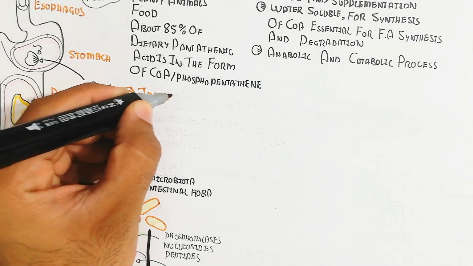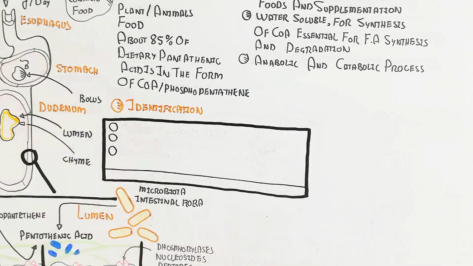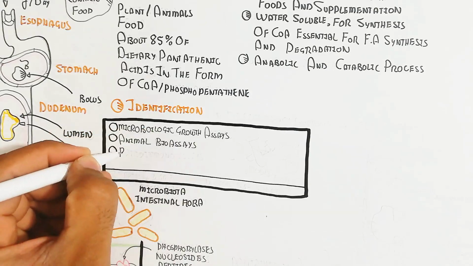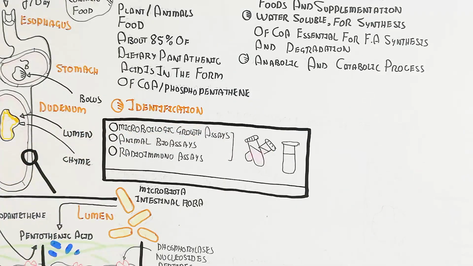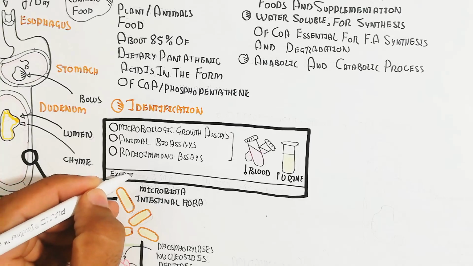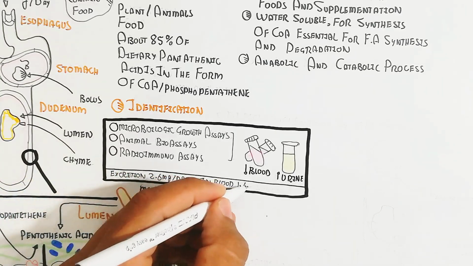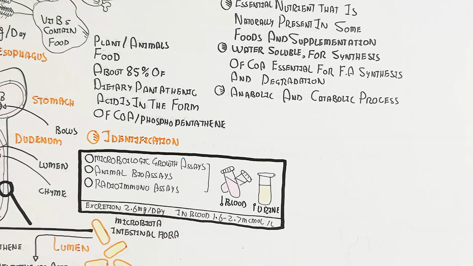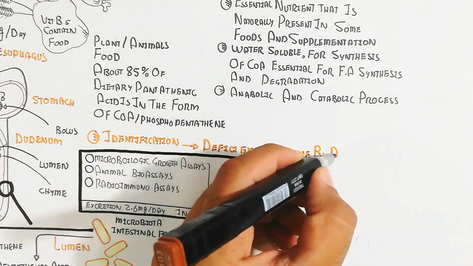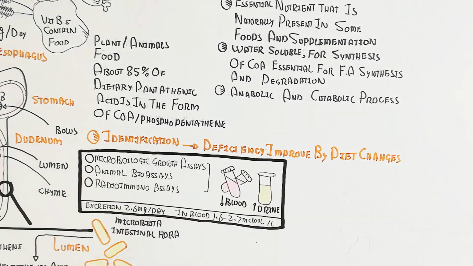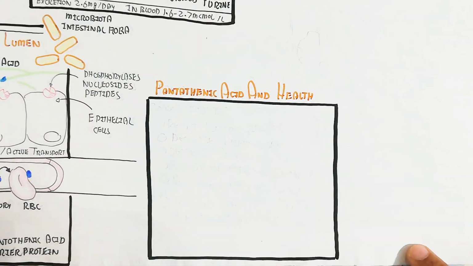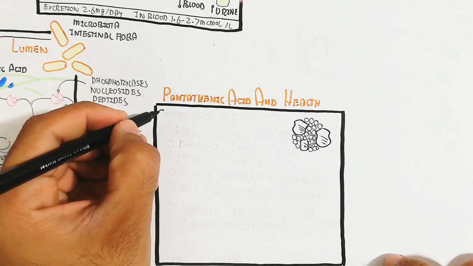The identification is through microbiological growth assay, animal bioassay, and radioimmunoassay. These methods we will discuss in the next videos separately. Blood is a less reliable indicator, while urine is more, because excretion is 2.6 milligrams per day and in blood 1.6 to 2.7 micromole per liter. A deficiency improved by diet changes will change the microbiome, which will also increase pantothenic acid and phosphopantetheine through diet.